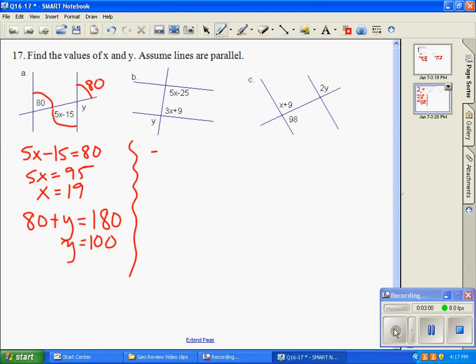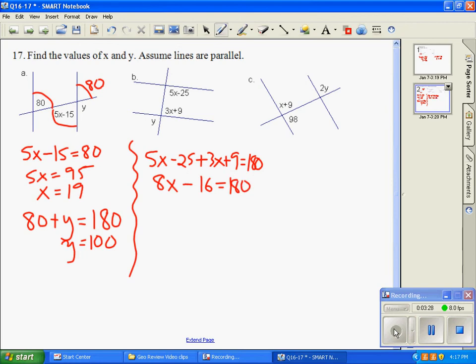So let's set them equal to 180. 5x minus 25 plus 3x plus 9 equals 180. And so let's simplify this. We're going to combine like terms. So we have 8x, and then we have minus 16 equals 180.